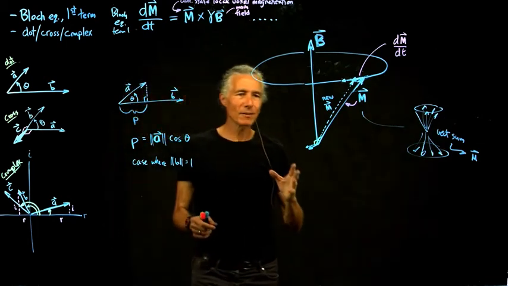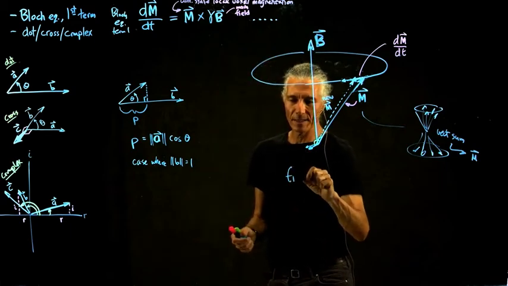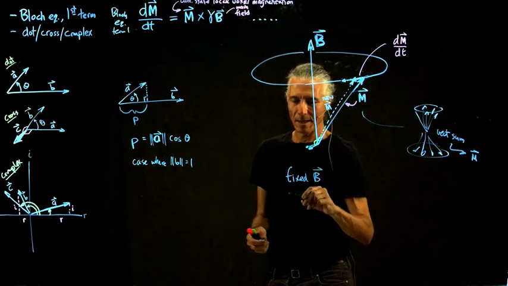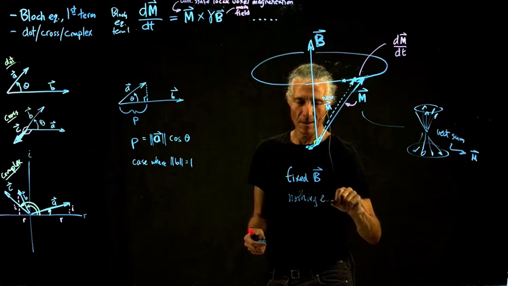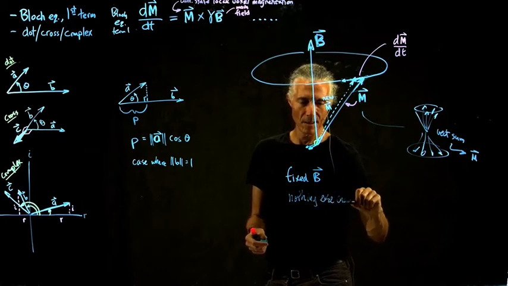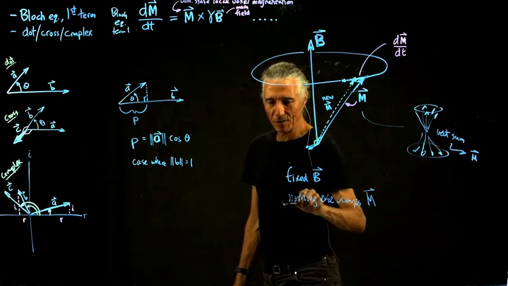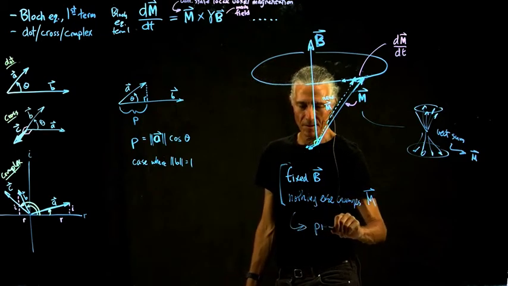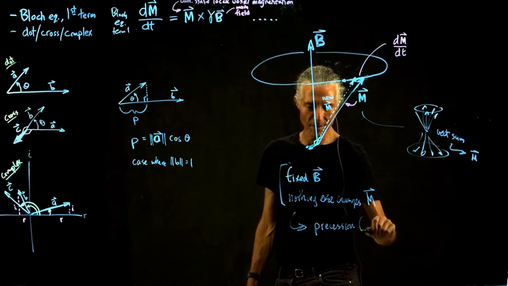And we only considered it in a very fixed case where we have a fixed B, and nothing else changes m. So if we have a fixed B and nothing else changes m, then we get precession. Precession forever.